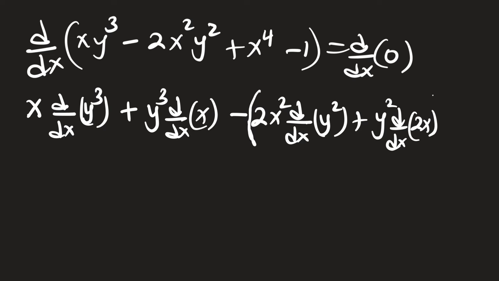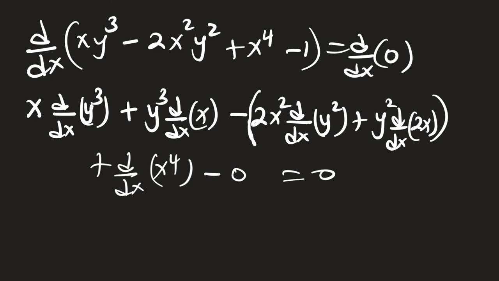Then plus the derivative with respect to x of x to the power 4. Then the derivative of 1 is equal to 0, and the right side will be equal to 0.